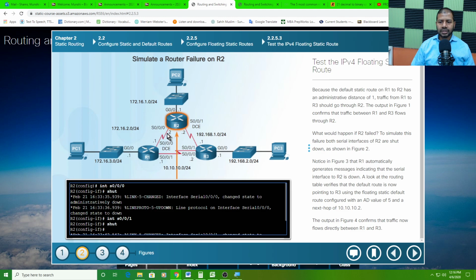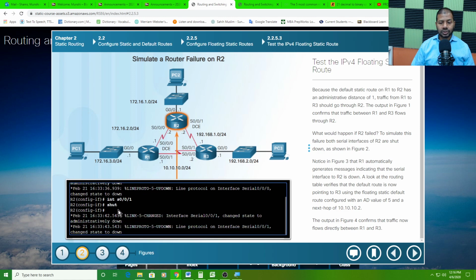They are shutting down one interface, so it's not going to go through that way. Then you see the backup route works because you ping and the data is still going through, so you will know that even though I shut down one interface, I can still communicate via the other interface. That's how you test it.